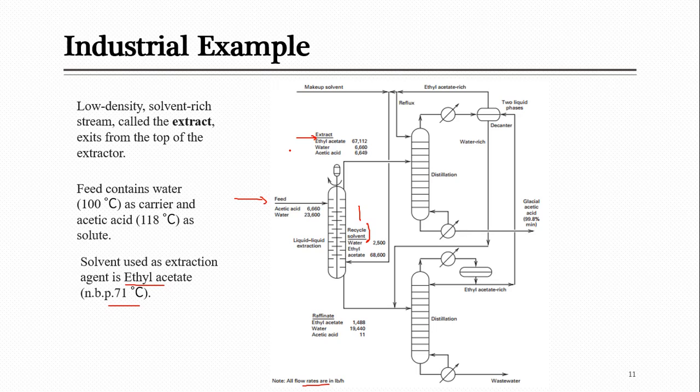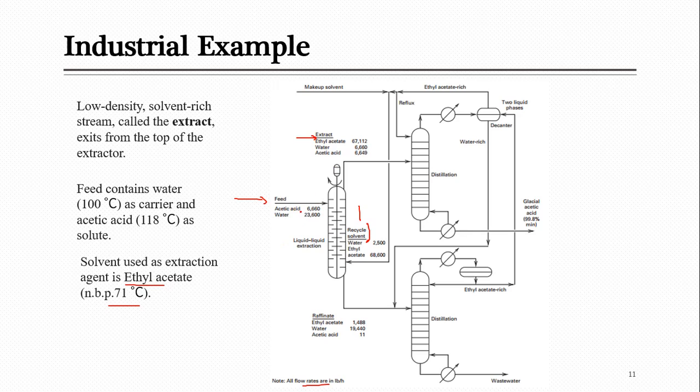If you remember, we said that our solvent should be of such nature that it attracts more amount of the solute which you want to separate, and a small amount of the other component, which is the carrier. The carrier here was water. You can see that water was present in a very large amount, 23,000 pound per hour, and some amount of this, 6,000, is attracted towards this.